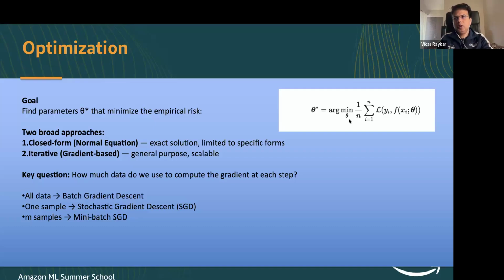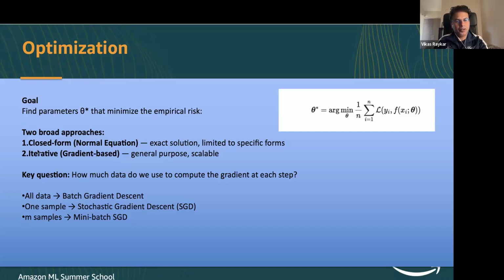Depending upon the problem, there are broadly two schools of thought. One is where you explicitly write the equation, try to minimize it, and solve for the value of theta. With that you get an exact solution, but it's limited to certain standard problems, like linear regression, where you can get an exact equation for the W parameters.